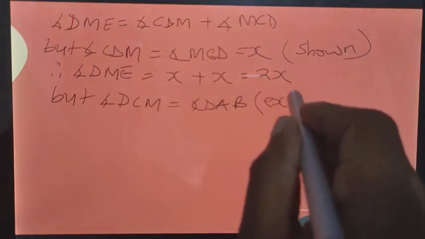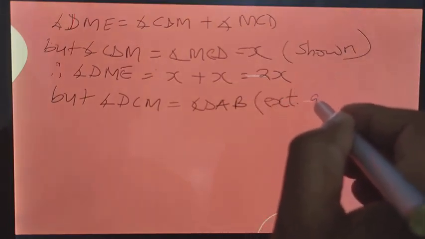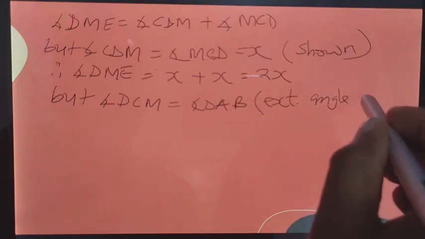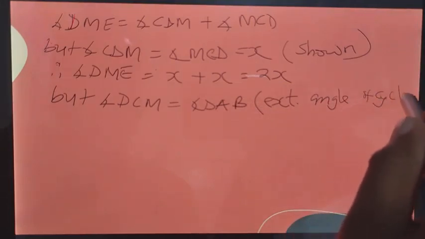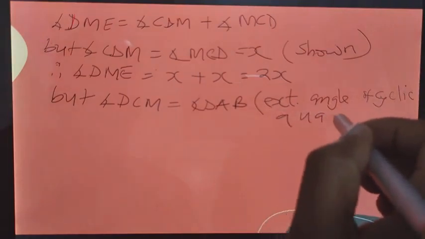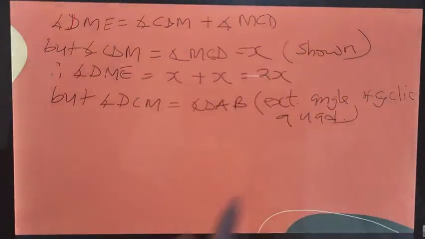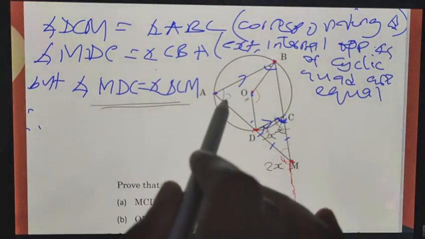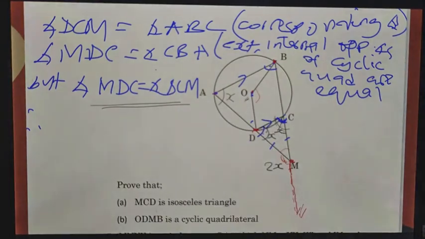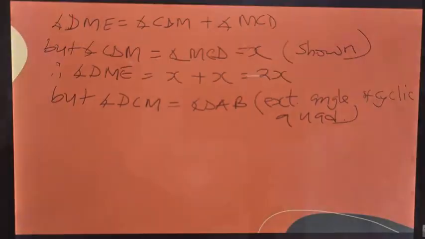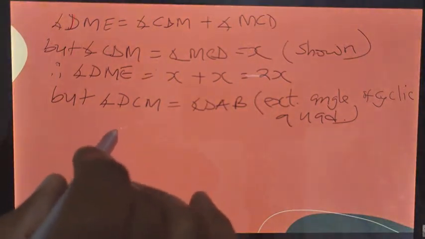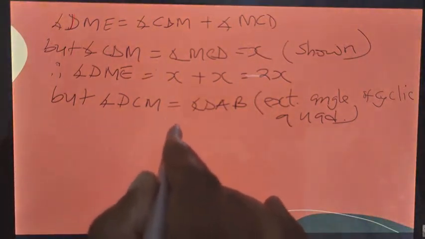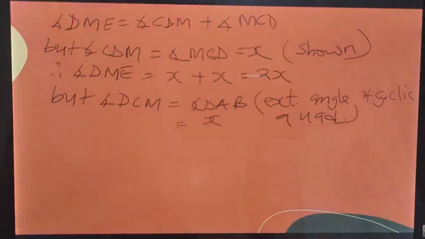Reason: exterior angle of a cyclic quadrilateral is equal to the internal opposite angle, so we can put it in short like that. Therefore, this angle DAB should be equal to X, and this angle is also equal to X.